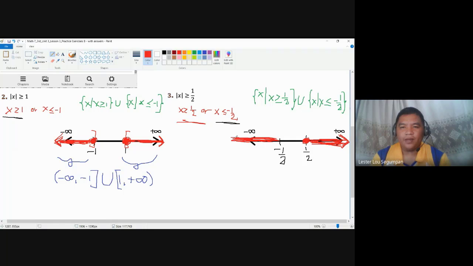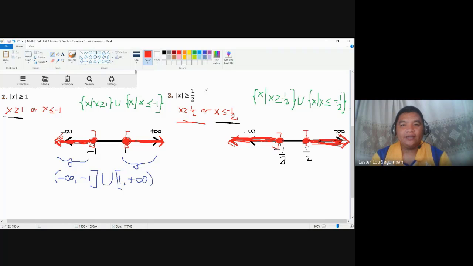We move up and we have an arrowhead here. And then we enclose it just like that. And then add your brackets. Again, we use brackets because we are sure that the starting points, 1 half and -1 half, are included as part of our solution because of the inequality symbol here.